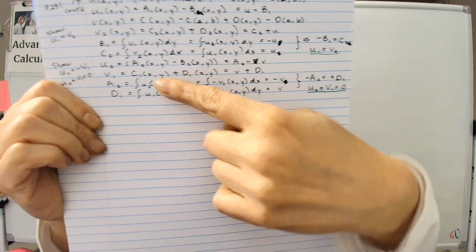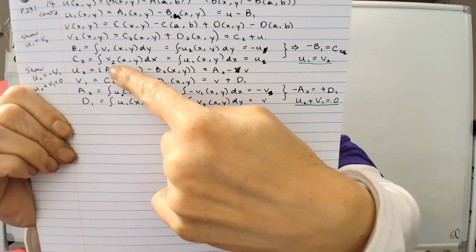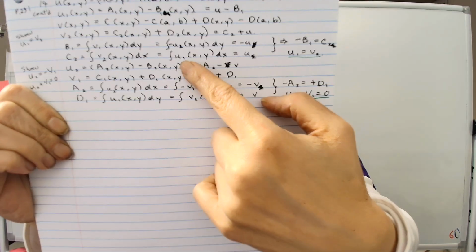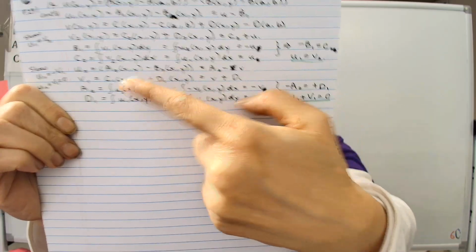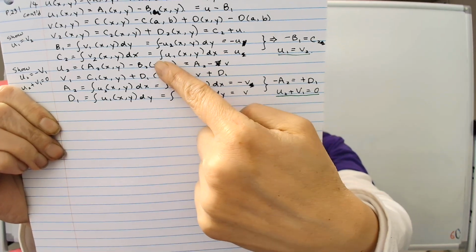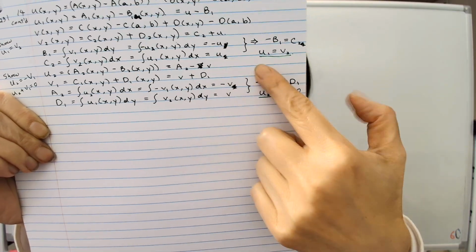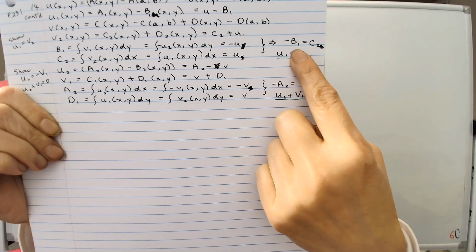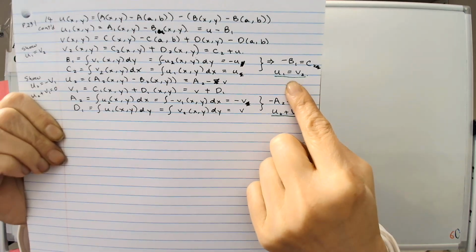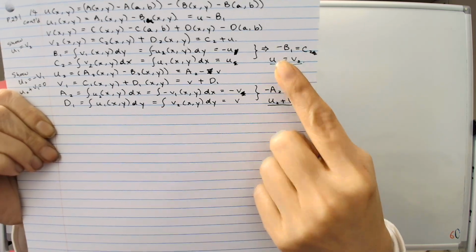And similarly for C2, we define it as V2, which is just U1, which is given. Integrating this U1 with respect to x also gives us U back. This means that negative B1 equals C2. And as a result, we've got it down. That's what we set out to do, U1 equals V2.